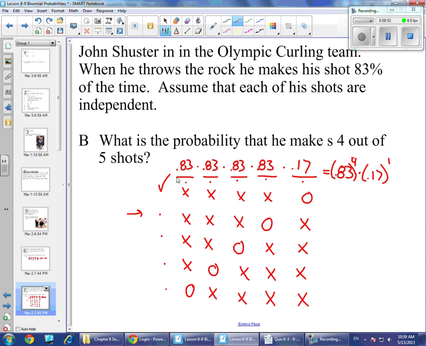So instead of doing each one individually, all I'm going to do is multiply by 5. Doing this calculation, it ends up being about 0.4034.